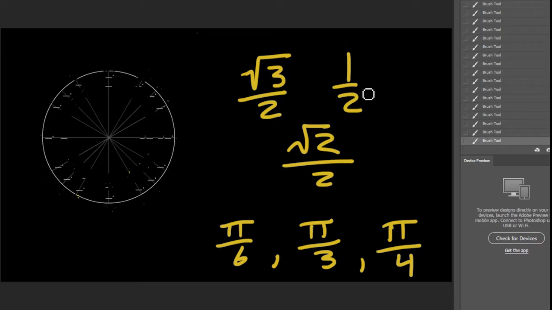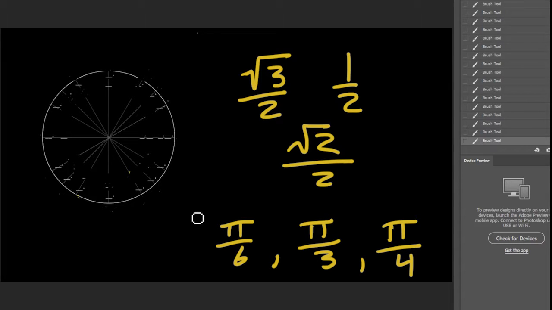These numbers are for your coordinates, and these numbers are for your degrees. This should be about 30 degrees, this should be about 60 degrees, and this should be about 45 degrees.